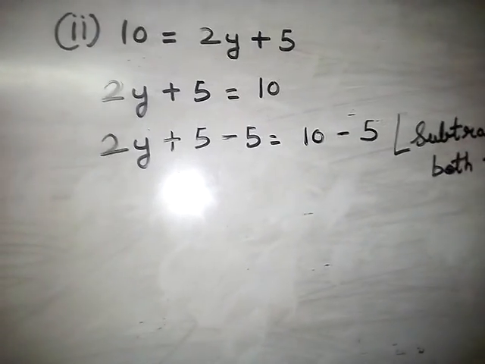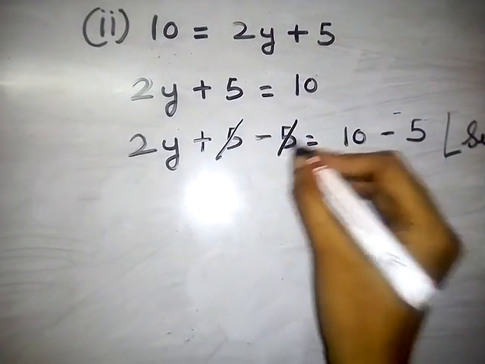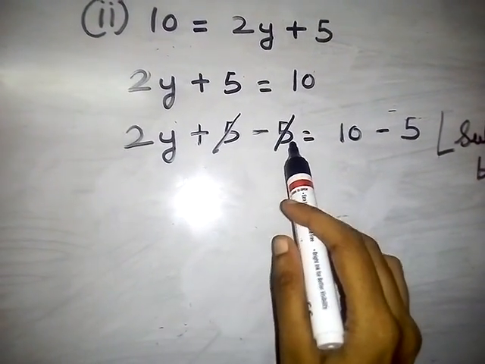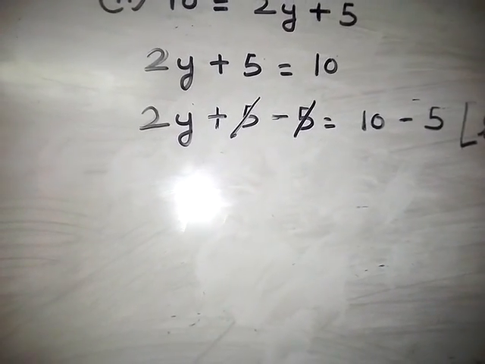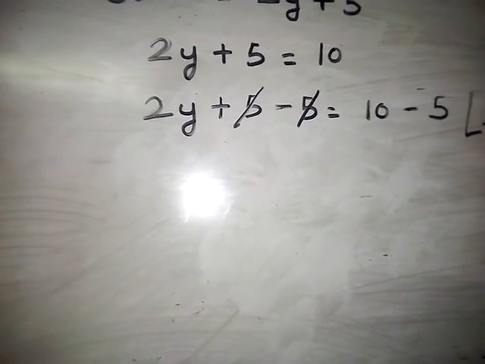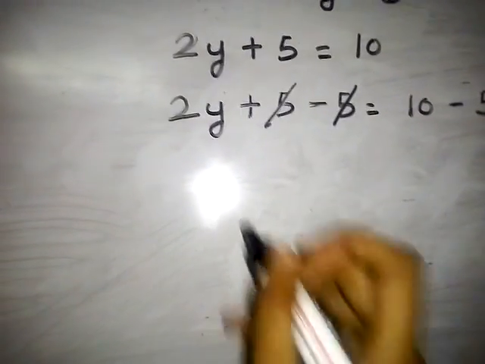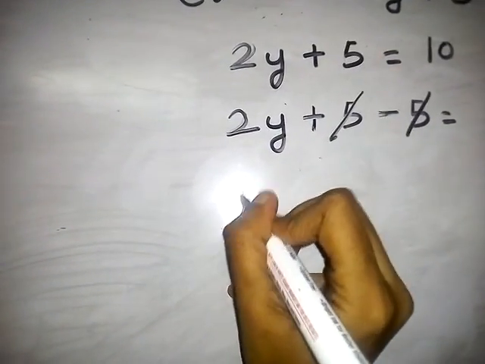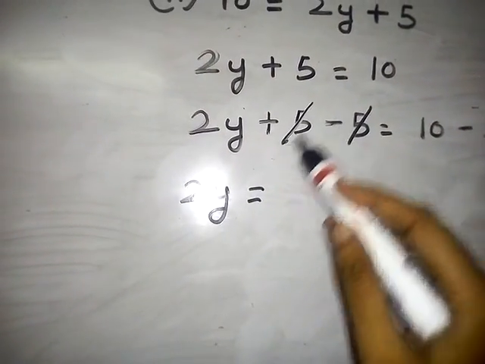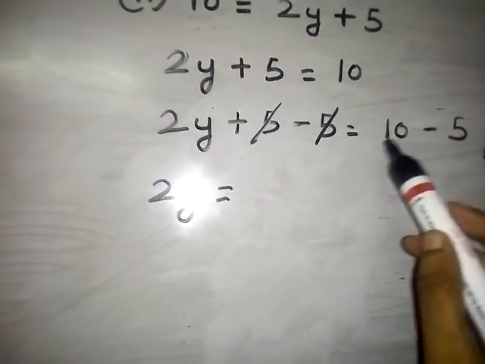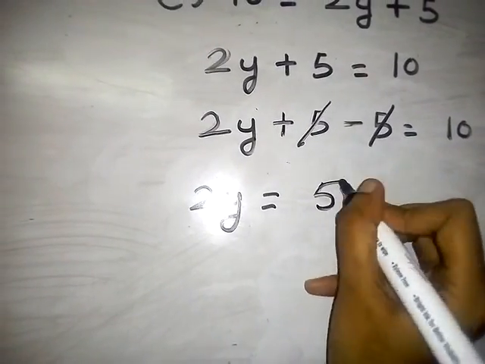Now plus 5 minus 5 get cancelled. 5 minus 5 becomes 0. Any number you subtract from itself, your answer is 0. So write the number with variable as it is. 2y is equal to 10 minus 5, which is 5.